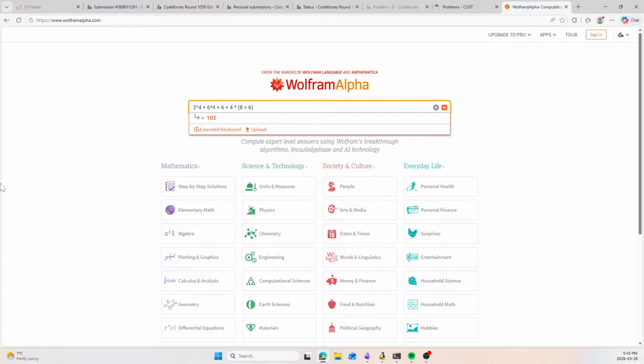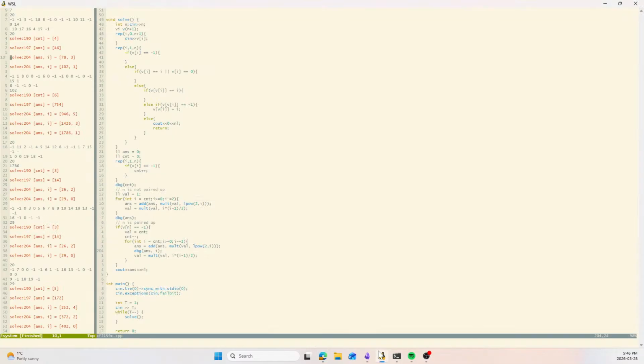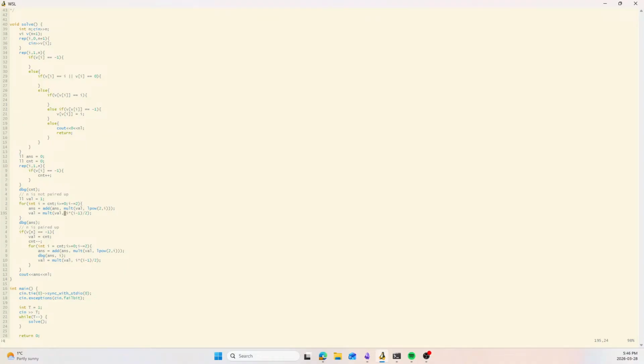That's over a factorial, right? Yeah, that's like over a factorial. That is in fact over the factorial, right?